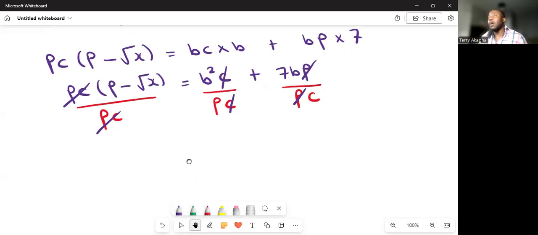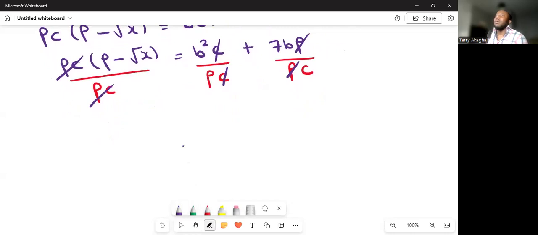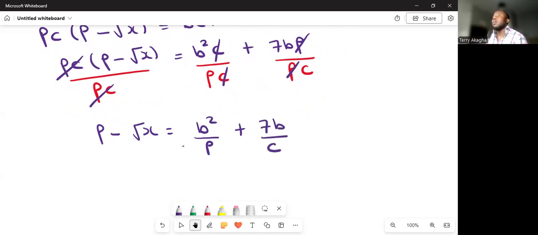Then we're going to have p minus square root of x is equal to b squared over p plus 7b over c.